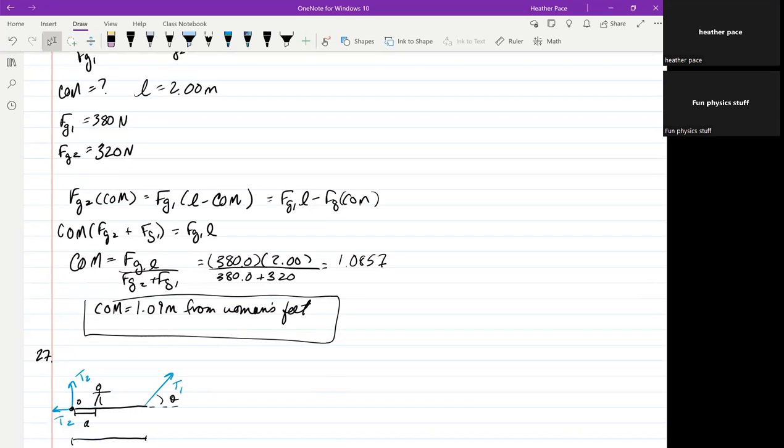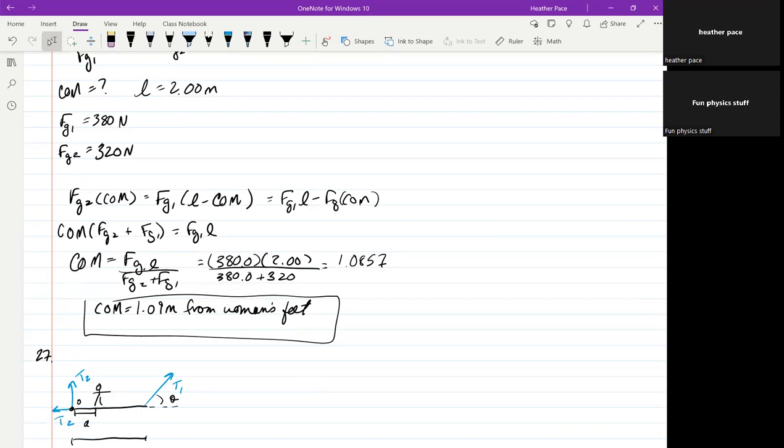All right, so finding center of mass, our equation is going to be FG2 times the center of mass equals FG1 times L minus her center of mass, because we're looking at how far from her feet up her center of mass is. So we're going to have L minus her center of mass.